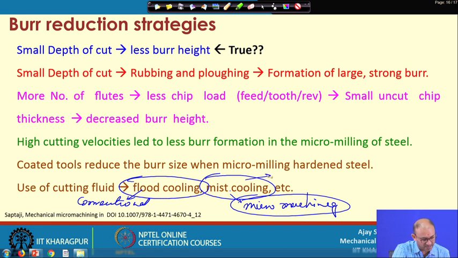Mist cooling is something like this: you are using a very fine mixture of the coolant as well as air, so that you end up with a very fine mist of the coolant and air mixture, and that is very easy to modulate or easy to focus on some location.